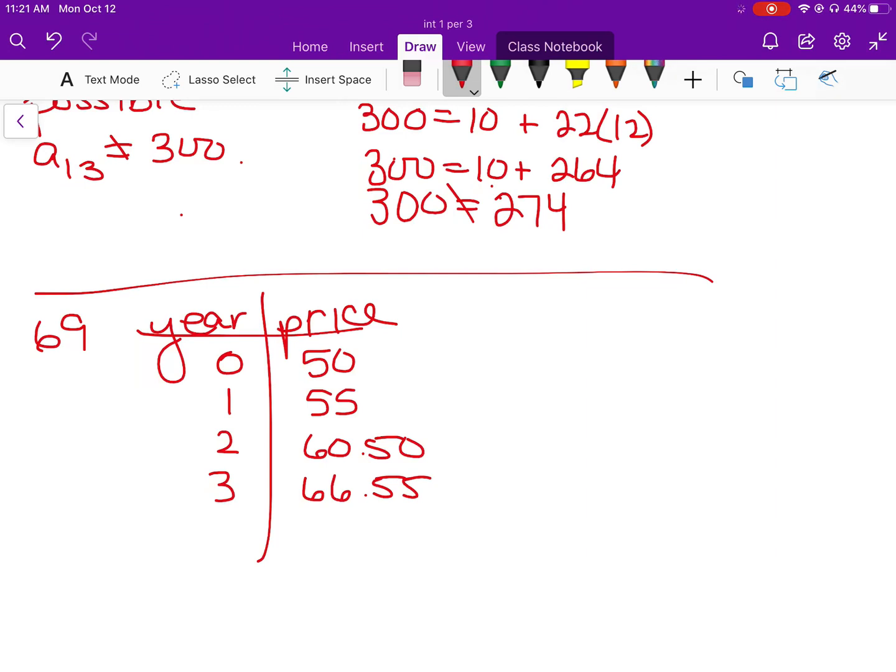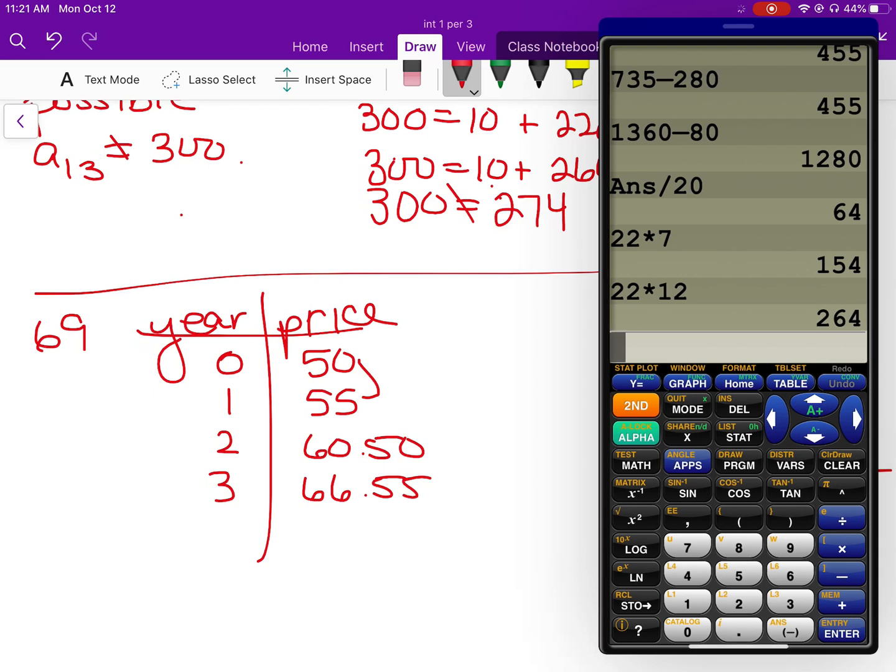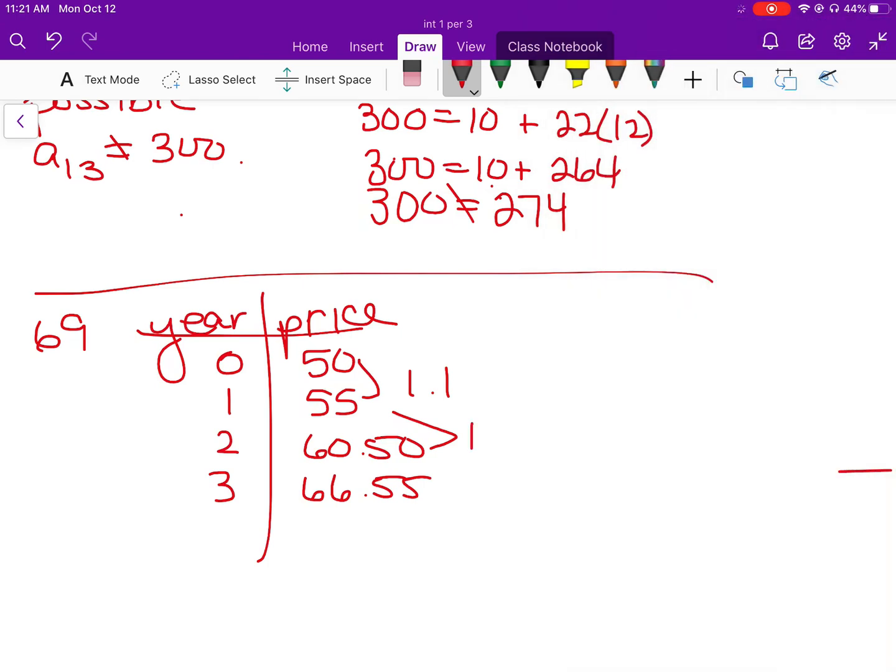No. But if I divide, what's 55 divided by 50? It gives me 1.1. If I take 60.5 divided by 55, I get 1.1. So is it multiplying by the same amount every time? Okay, so how's it growing? It's multiplying by 1.1.